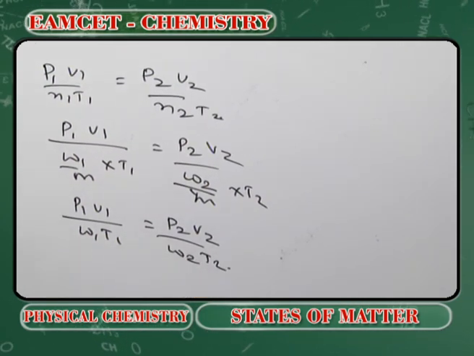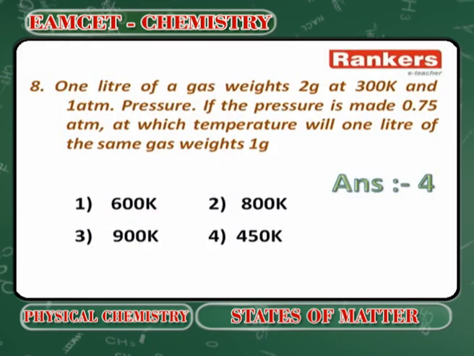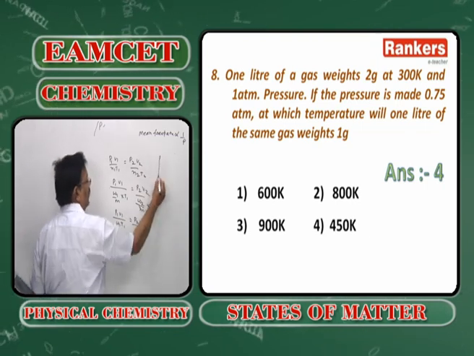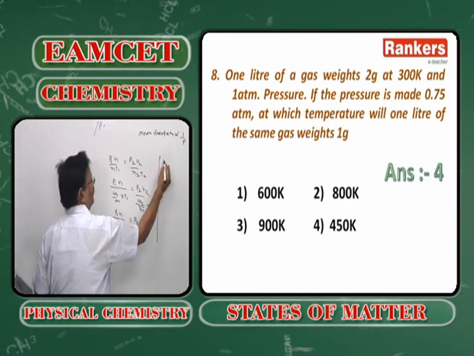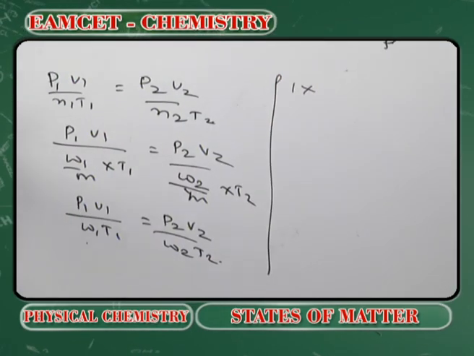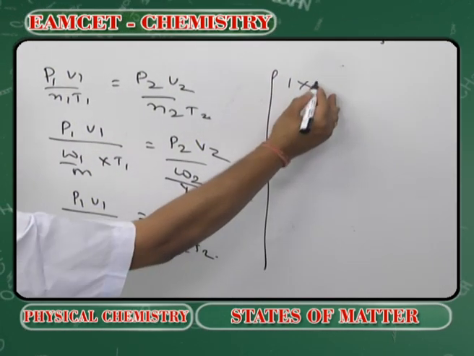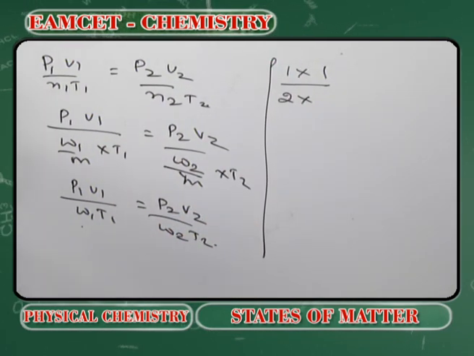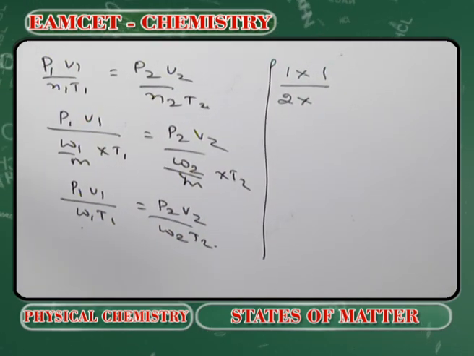Now, substitute. What is the initial pressure? 1 atmosphere. What is the initial volume? 1 liter. What is the weight? 2 grams. What is the temperature? 300 Kelvin.